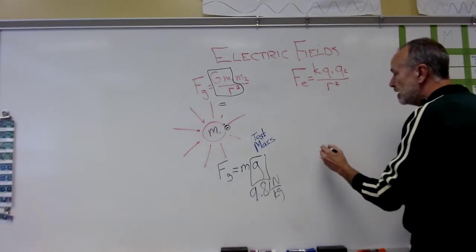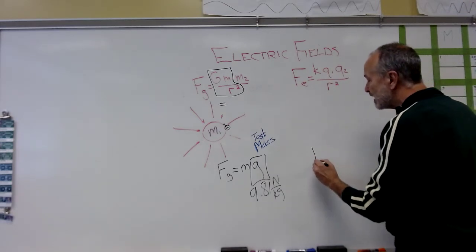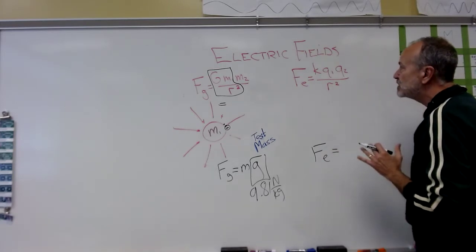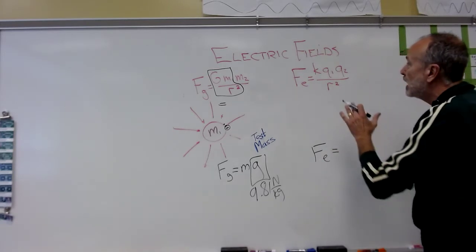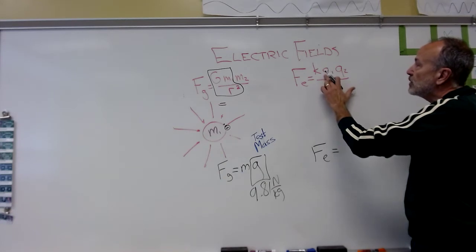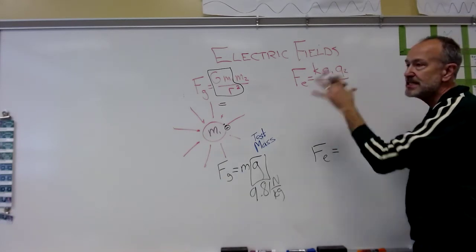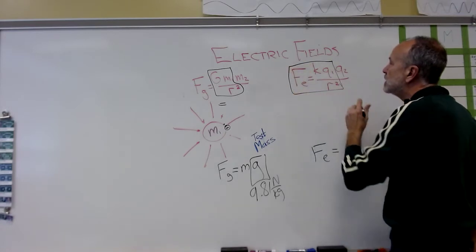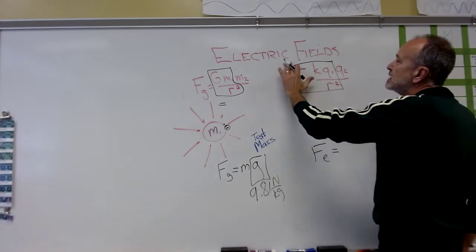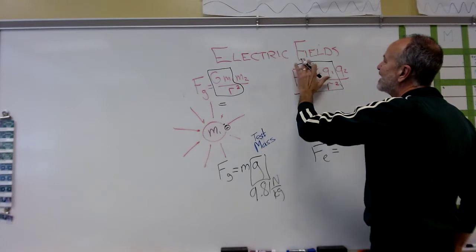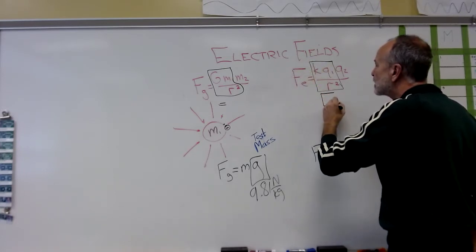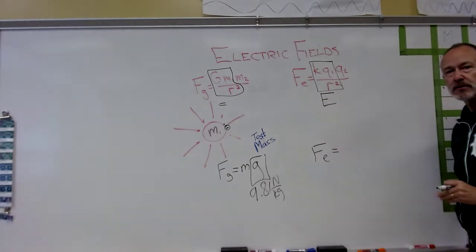Similarly over here, the electrostatic field strength, instead of having to do, for example, if we have one big charge and we want to find out how it affects other charges near it, we don't want to have to keep plugging into that equation. So what we can do is call this the electric field strength.